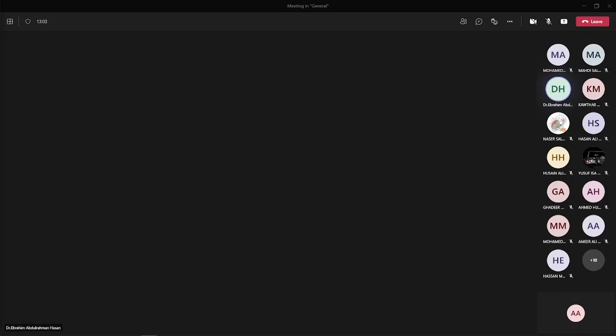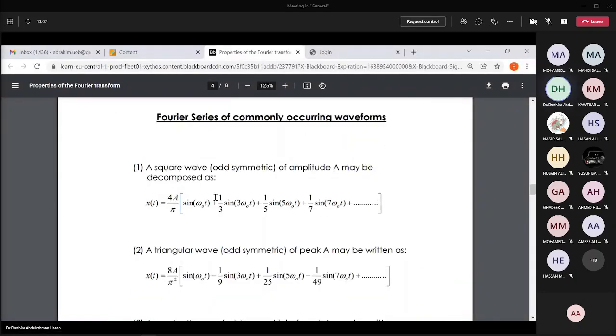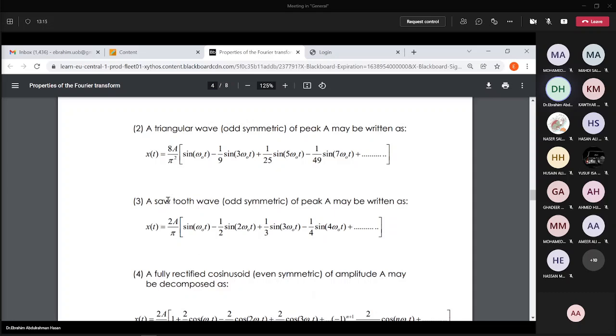Okay, this table, هذا عندي كلهم ready. So we have for square, for triangle, triangular wave, for sawtooth, for full wave. عندي إياهم جاهزين.